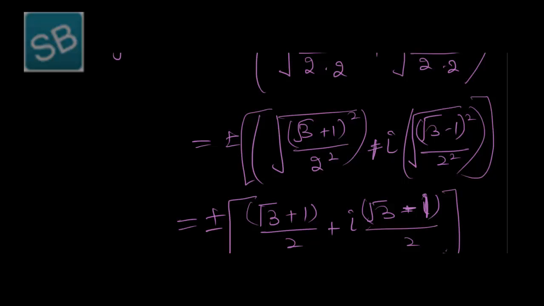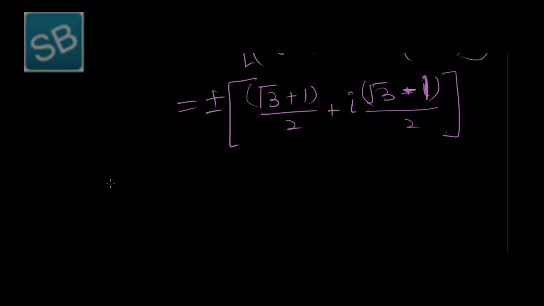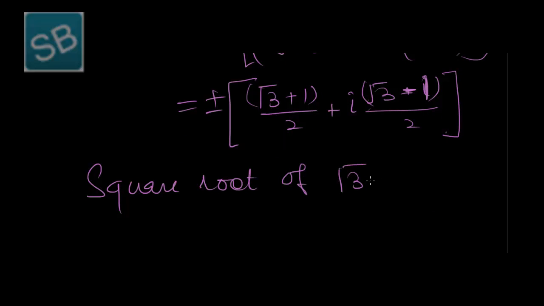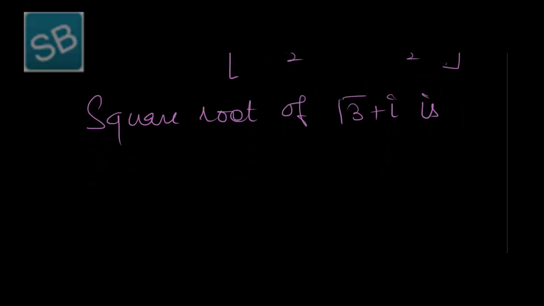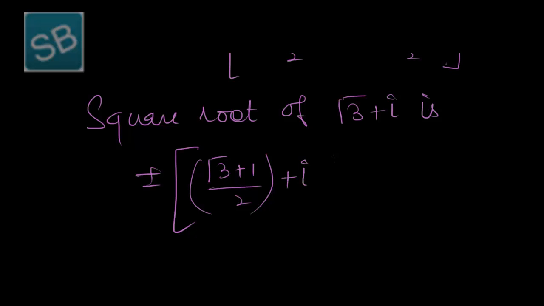So the square root of root 3 plus iota is plus minus root 3 plus 1 over 2 plus iota root 3 minus 1 over 2. That is obtained by using the direct formula.